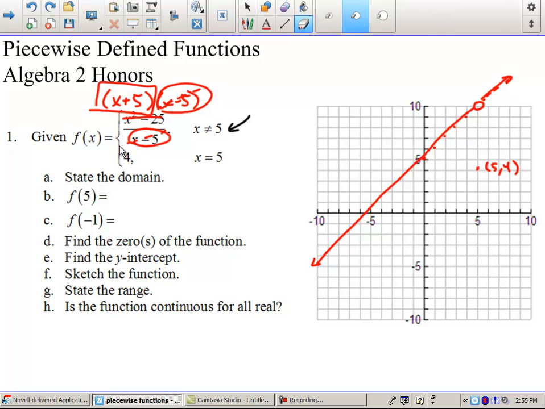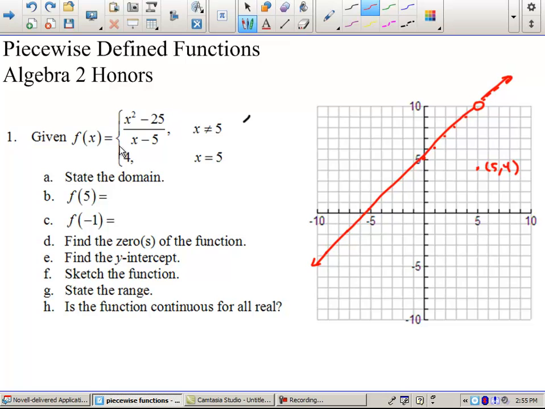So what is the domain of this graph I have just done? Once again, the only x value that I couldn't use in the top was 5, but it got used in the bottom piece, and so my domain is all reals. What is f of 5? I think we already decided that f of 5 was 4. What is f of negative 1? Well, it looks like at negative 1 I should get 4.